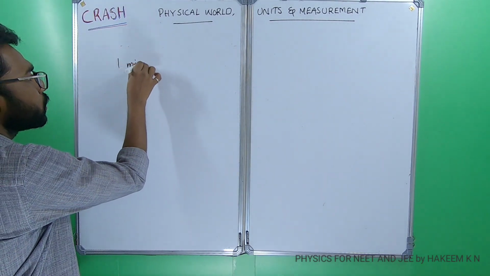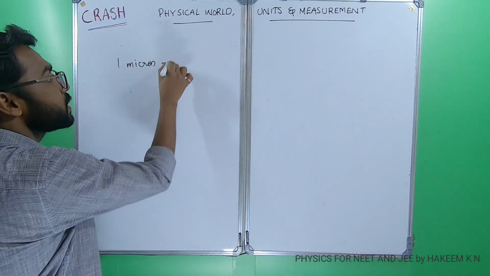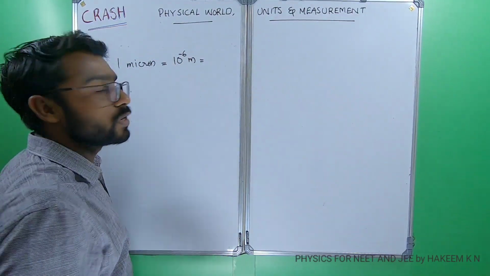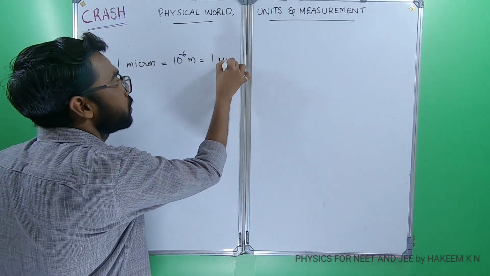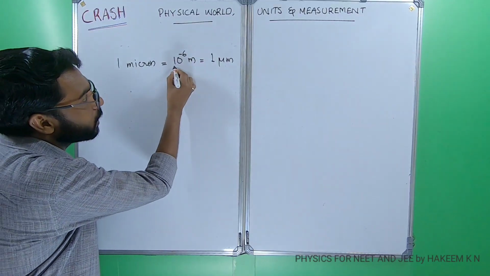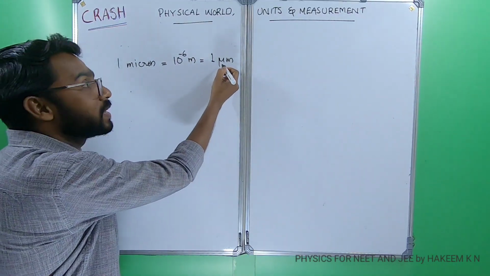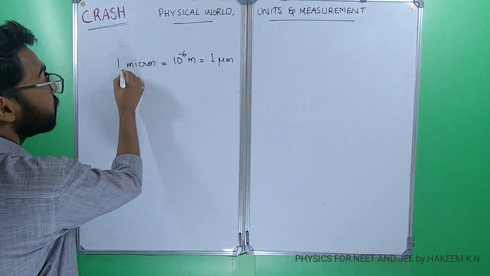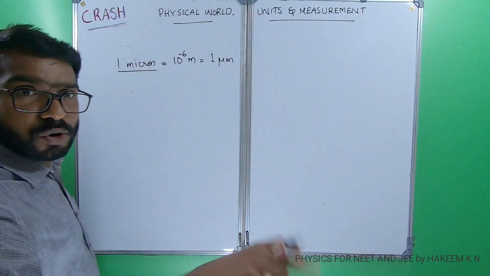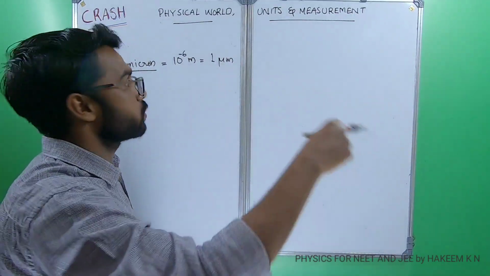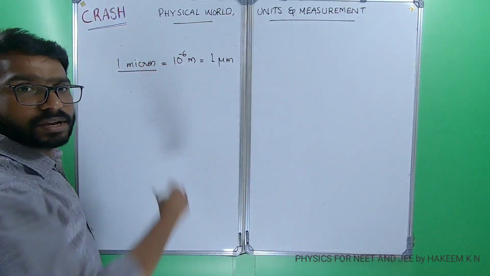1 micron is 10 power minus 6 meter, that is 1 micrometer. Micro is the SI prefix that we can use along with any numerical value, but micron is not an SI prefix. Micron is a unit of length because meter is hidden inside it.